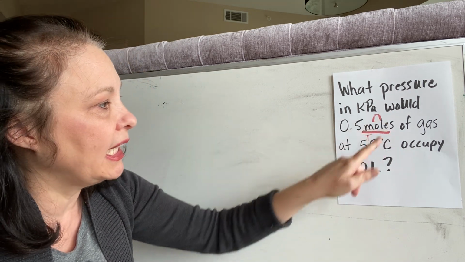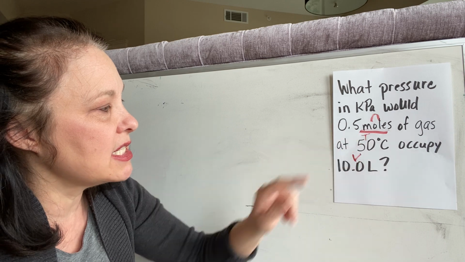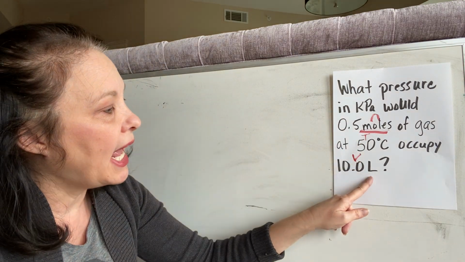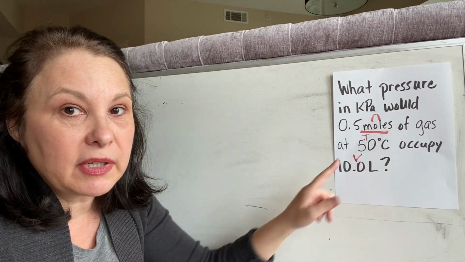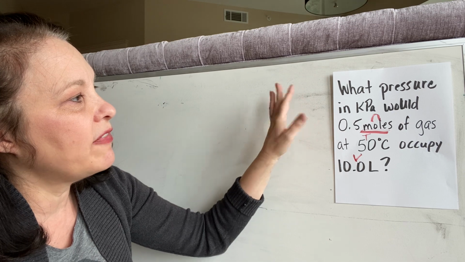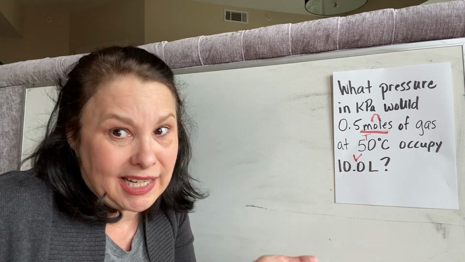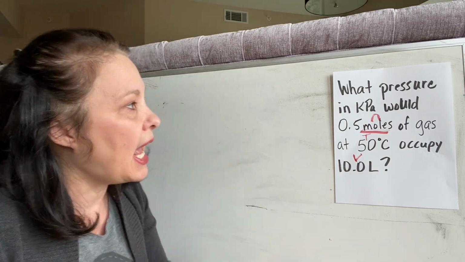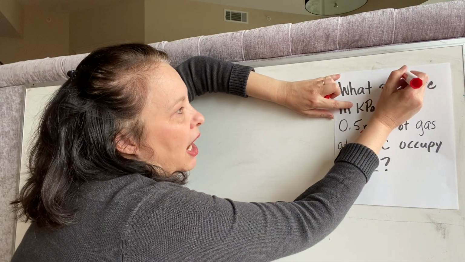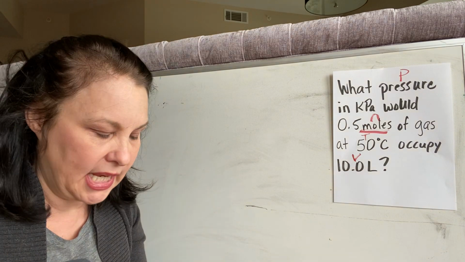So moles is N, degrees Celsius is temperature, and we know we've got to change that to Kelvin, but we'll get to it. L is liters, which is volume. Now, once I identify all my numbers, I ask, what am I solving for? I need a letter for that too. And it says, what pressure? So I know I also have to have a P.